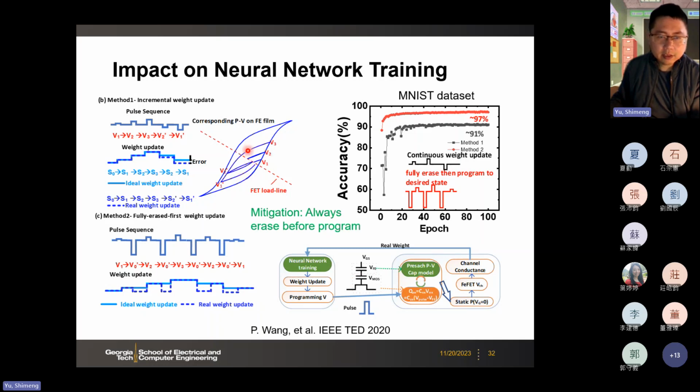Then you can deterministically program to the intermediate state. Do not allow the intermediate states to transition from each other. Otherwise, you will lose track. With this strategy, we can recover the training accuracy for even this small data set. And of course, this comes with additional overhead of another program or erase pulse.